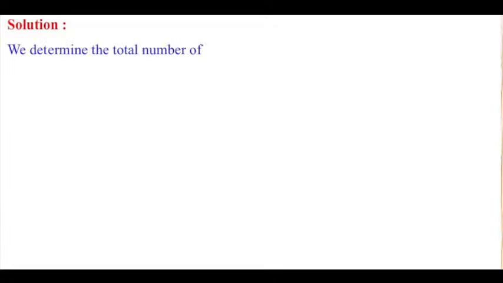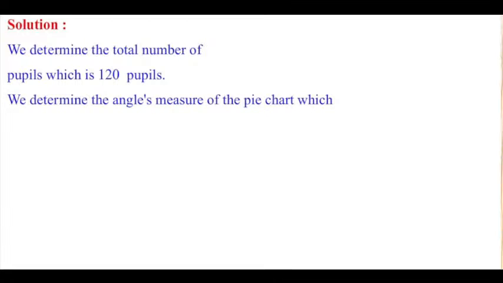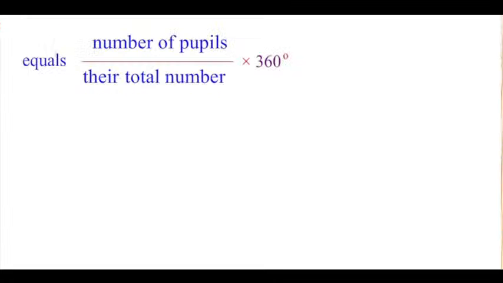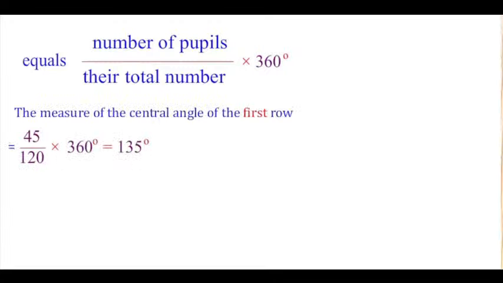Solution. We determine the total number of pupils, which is 120 pupils. We determine the angle measures of the pie chart, which equals number of pupils over their total number times 360 degrees. So, the sector of the first row equals 45 over 120 times 360 degrees equals 135 degrees.